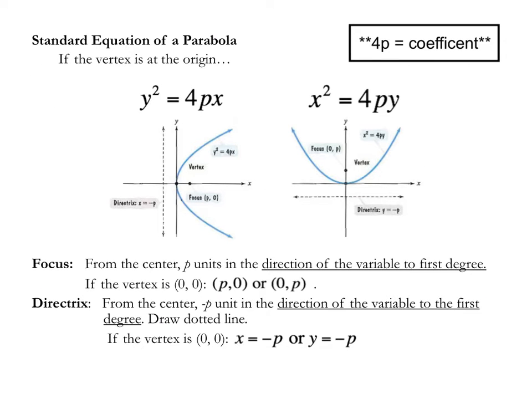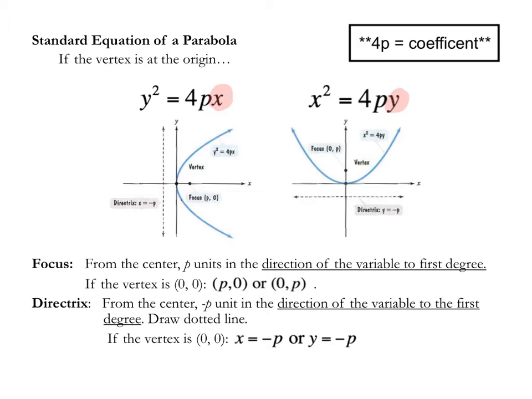So when we talk about these, what I'm going to talk to you a big deal about is what's in control. If you look, we have two different equations here, one where y is squared and one where x is squared. Depending on whether y is squared or x is squared is going to tell you what direction it faces. What I pay attention to is the variable that's to degree 1.